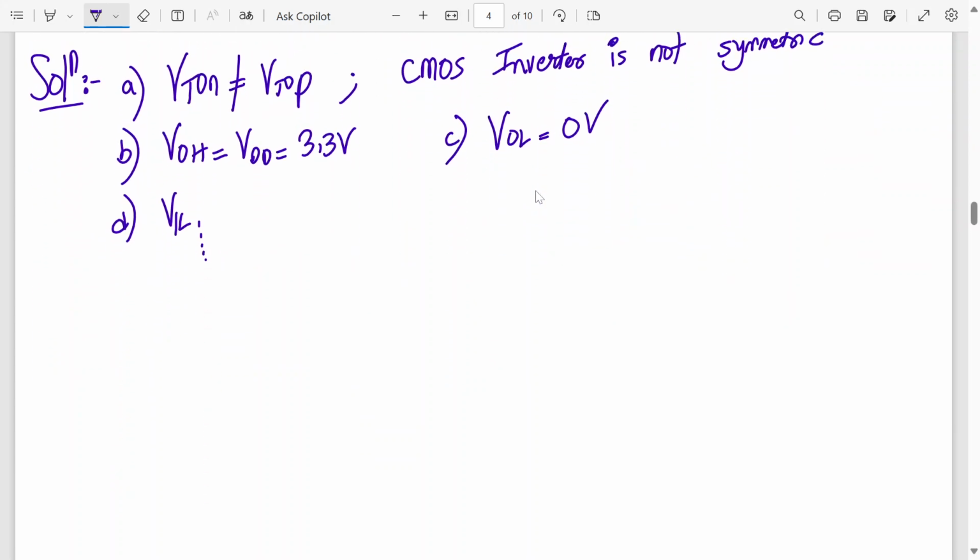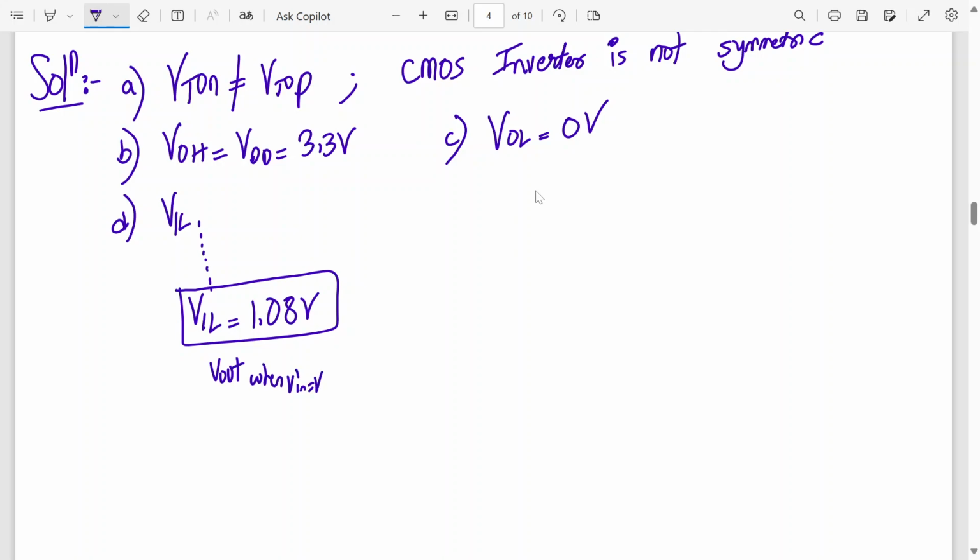In solving VIL, you will also get the value of Vout for VIL. So this is 1.08 volt. You will arrive at 1.08 volt, and your Vout when Vin equals VIL, I have not calculated, but you can calculate this number and let me know.